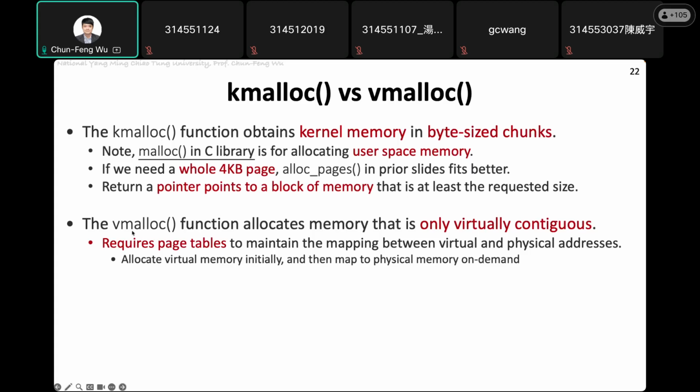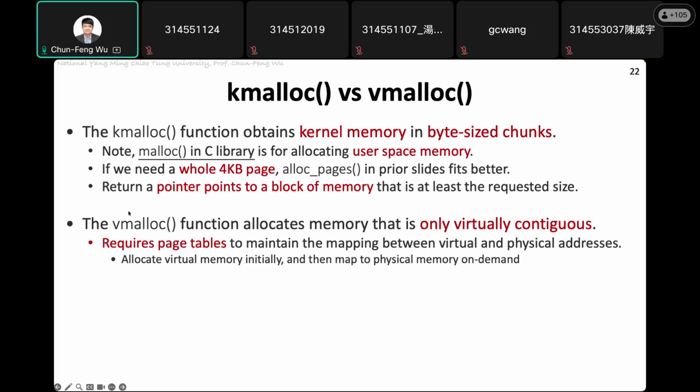So usually if you do the vmalloc, then when your kernel function really touches this virtual memory area, the page frame will be allocated at that time.